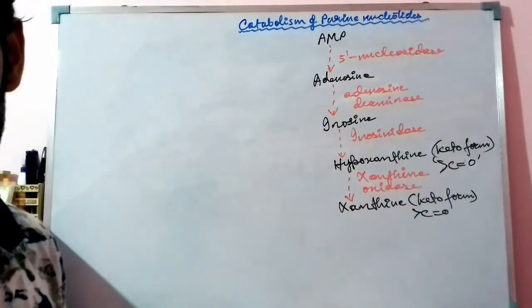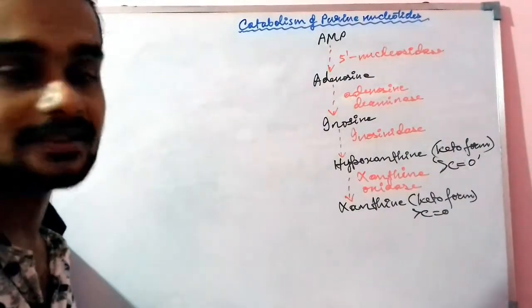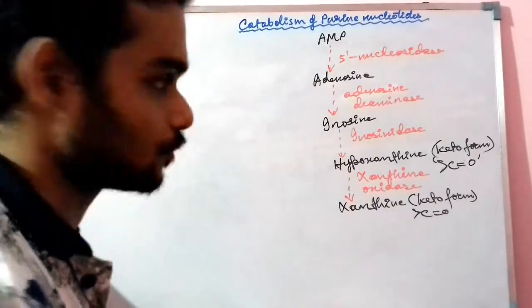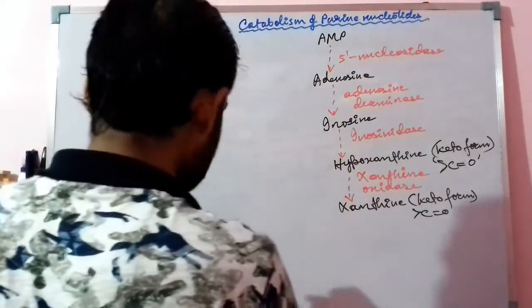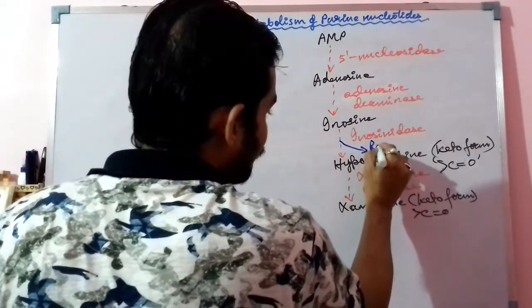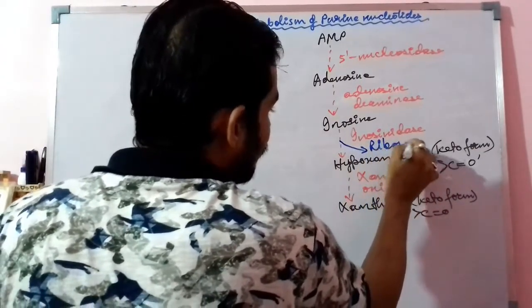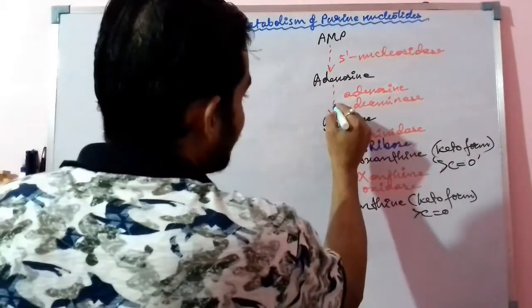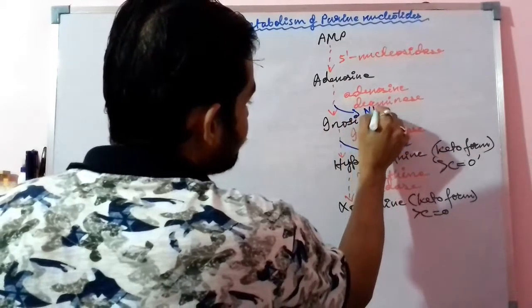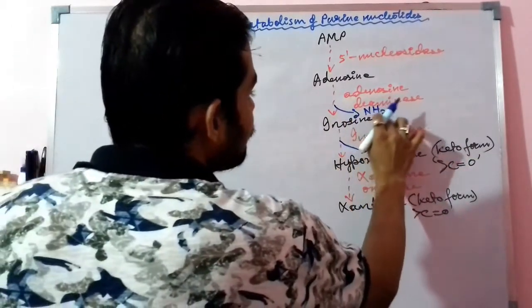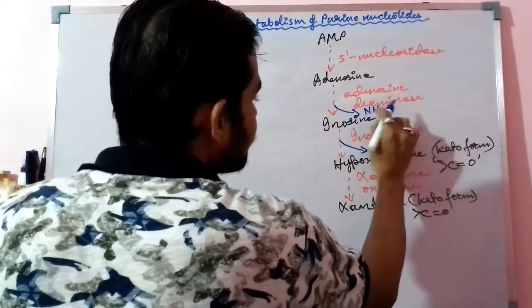Hypoxanthine is being formed with the removal of the ribose. In this step what happens is the ribose of the pentose sugar is being removed. And in this step the NH3, ammonia group, or the amine group, is being removed.